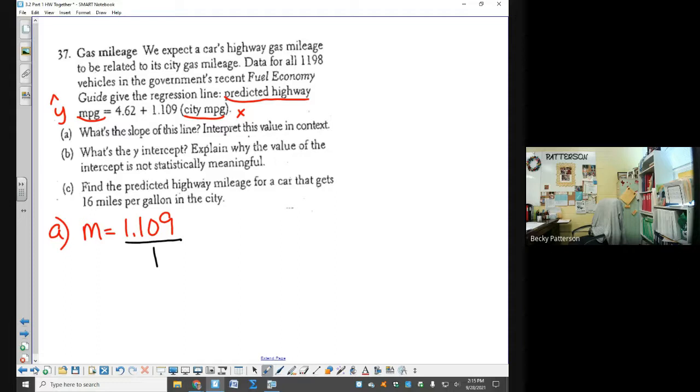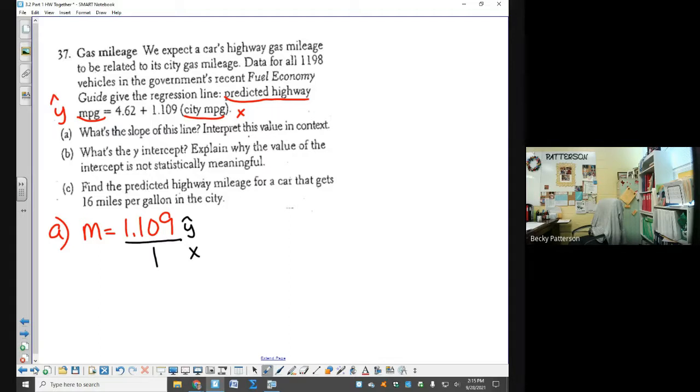I went math 1 on it. I'm gonna put it over 1, and I'm gonna write it as y over x, because isn't slope y over x? Except this is y hat. See, now it's super easy to interpret because for every one of those, this is predicted to increase this much. It's super easy if you'll label it.